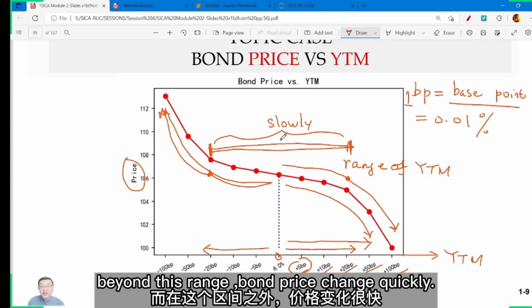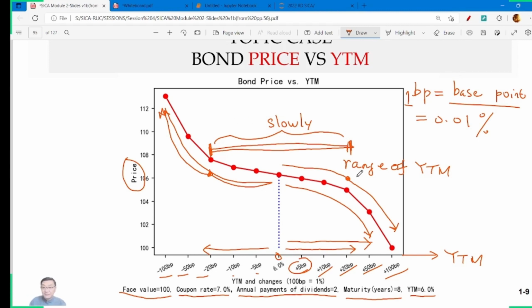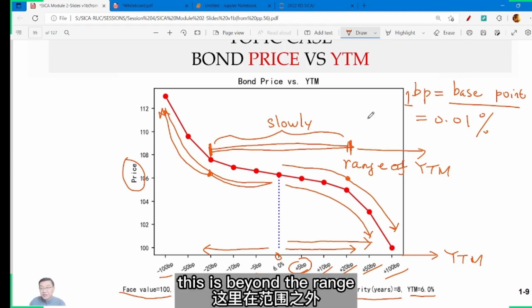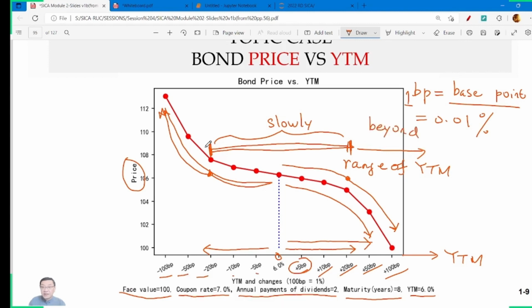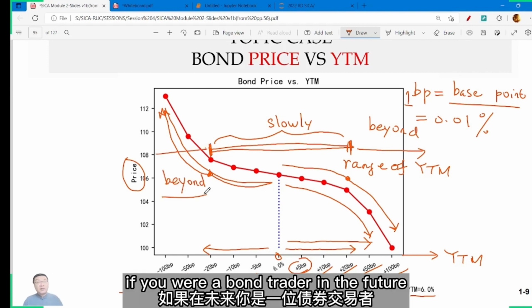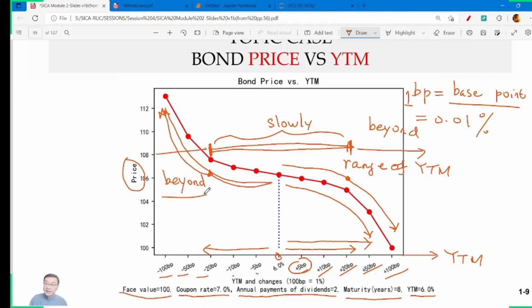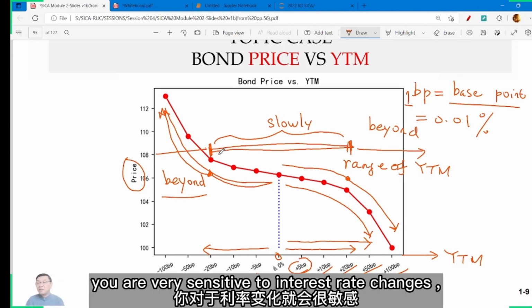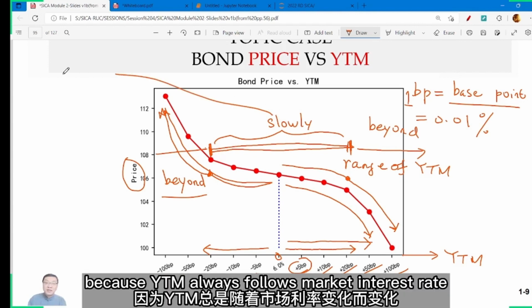Beyond this range, bond price changes quickly. So if you are a bond trader in the future and you understand this, you will be very sensitive to interest rate changes, because YTM always follows market interest rate.